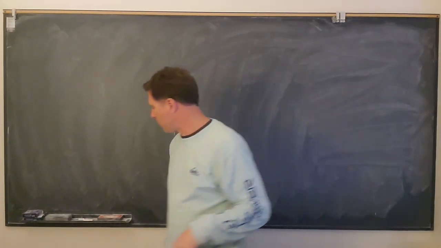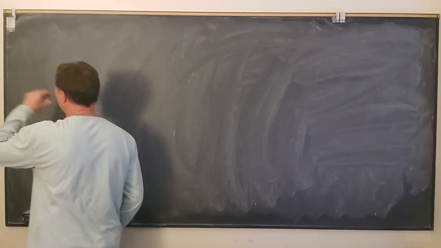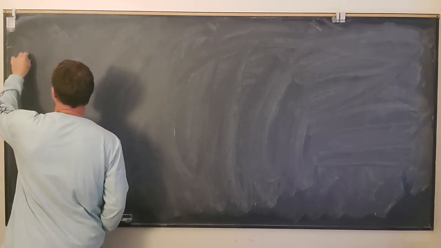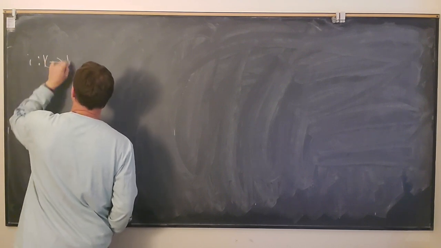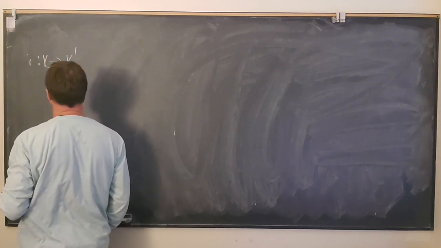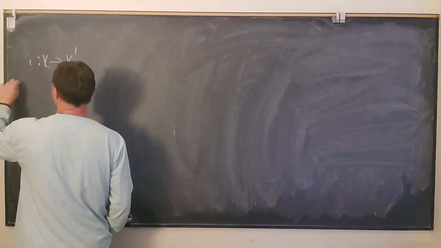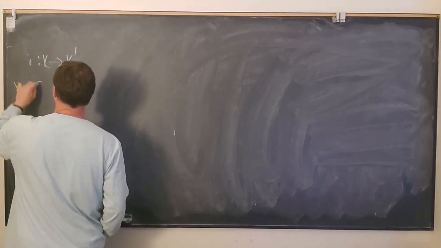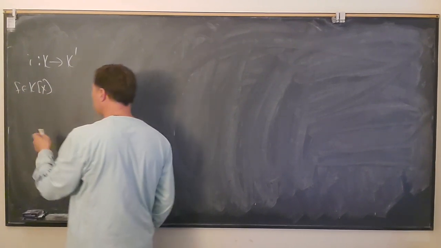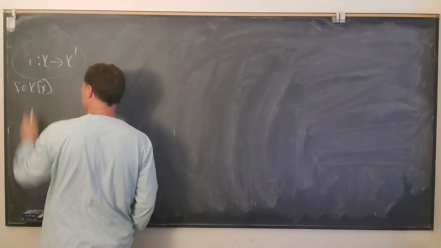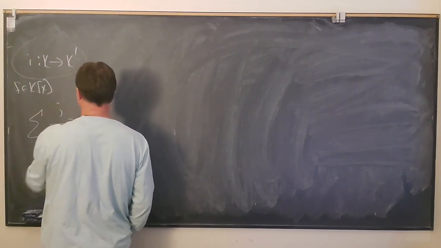If you remember last time, we had this corollary to the theorem that we proved, and it went something like this. If you had an isomorphism between fields, and you had a polynomial f in k[x], then this isomorphism induced an isomorphism between the splitting fields.